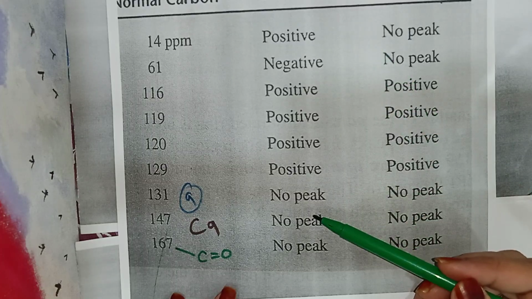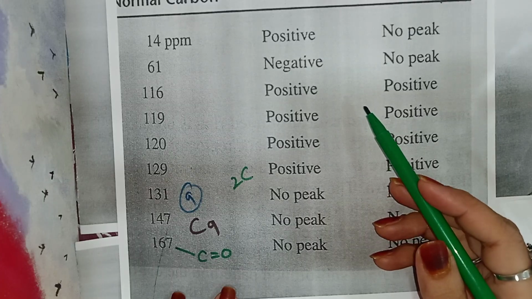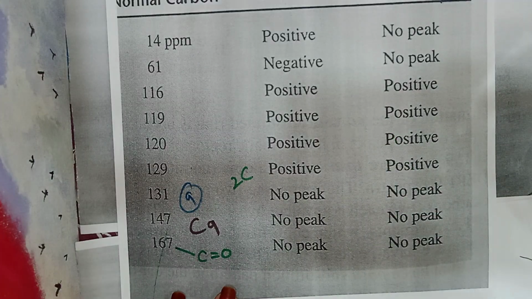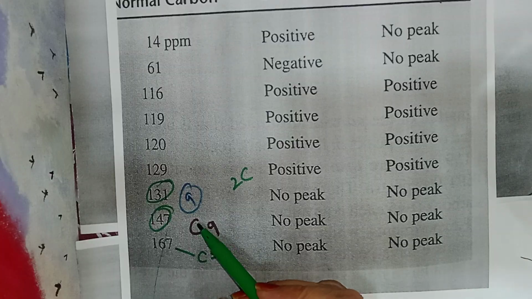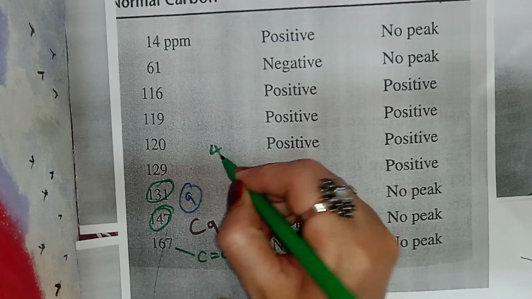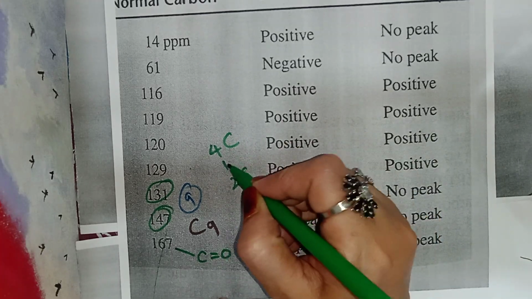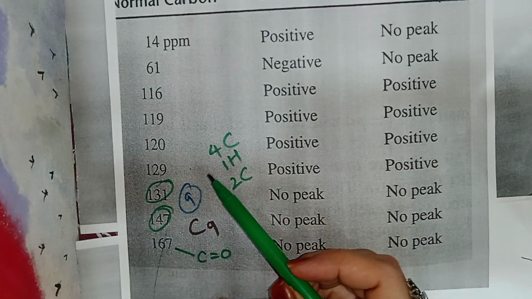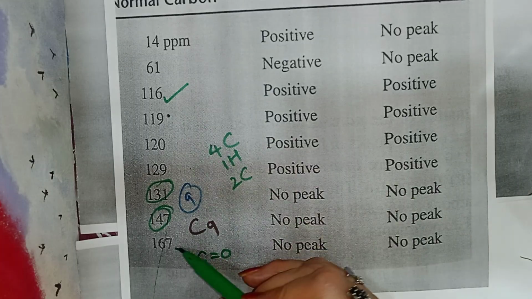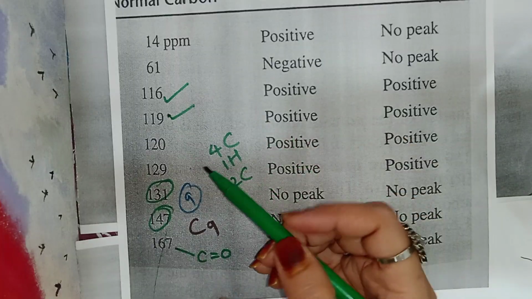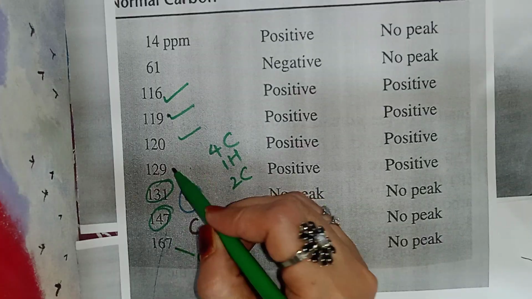Also, the DEPT results confirm the presence of 2 carbons with no attached protons at 131 and 147 ppm, and 4 carbon atoms with one attached proton at 116, 119, 120 and 129.